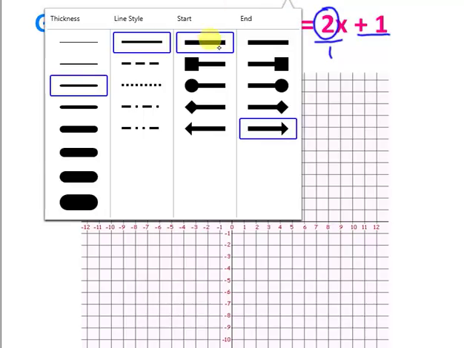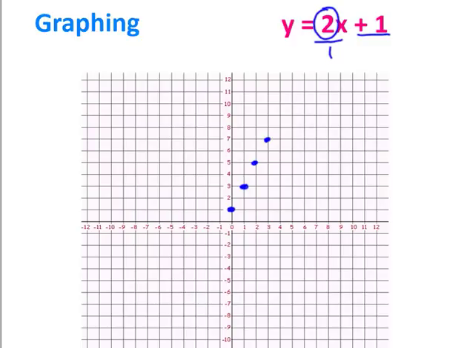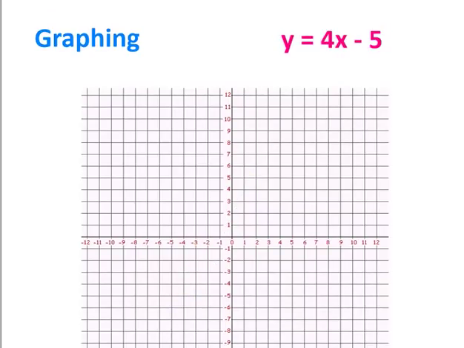Good. Okay, so there we go. There is my line. And that's it. So let's try the next one.